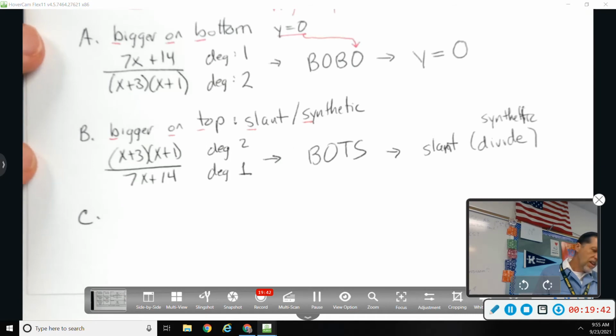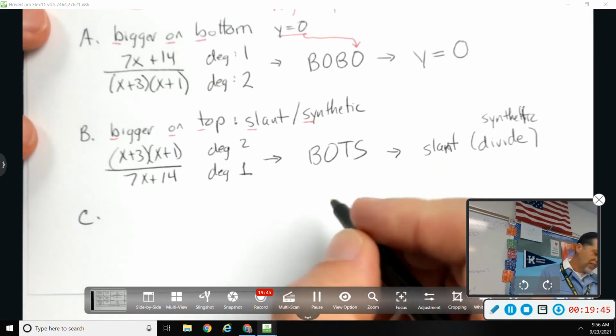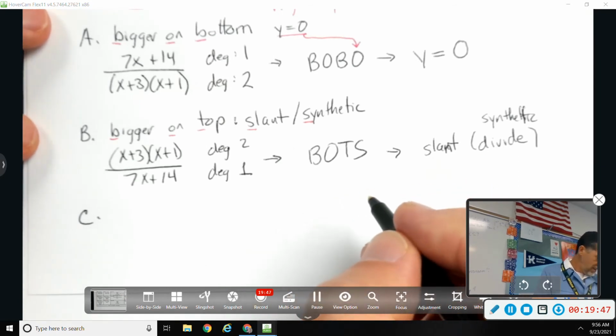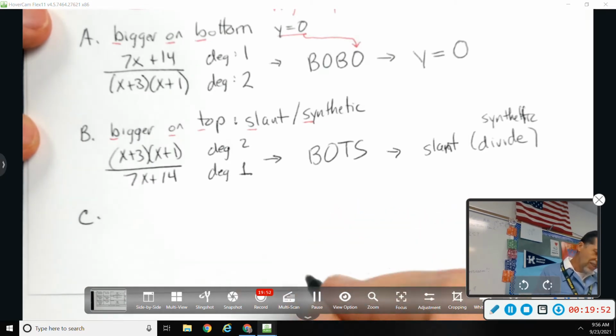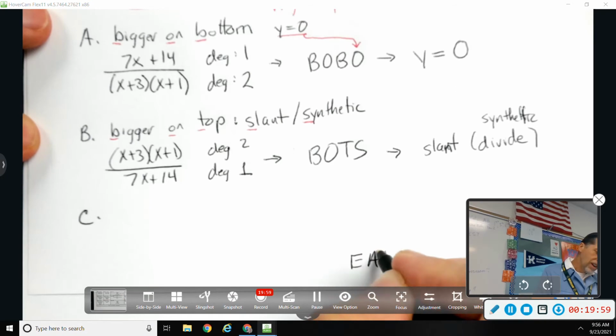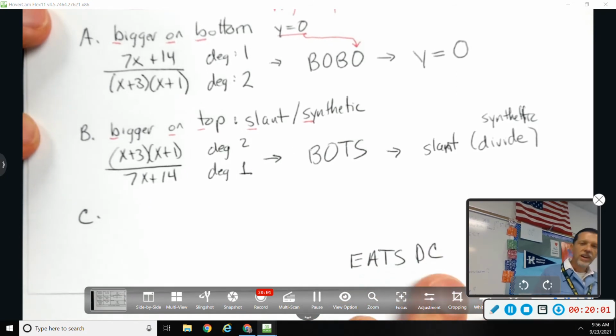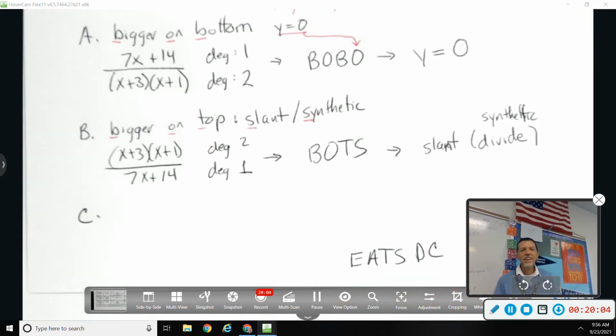All right, the last case is where they're equal. I'm going to give you the acronym and see if you can come up with what you think it stands for. EDC. So yes, they're equal. What's equal though? Because people get stuck on E, they think equal, or top, slant.